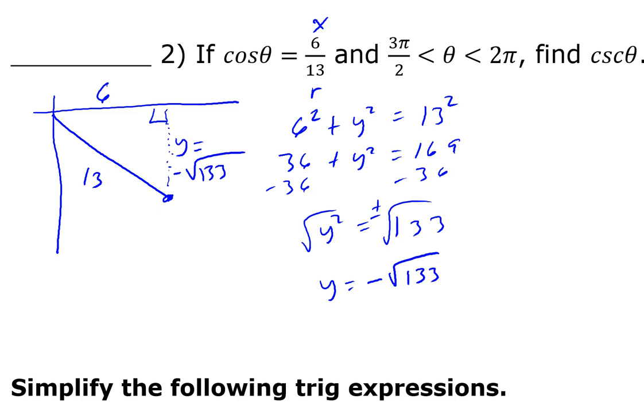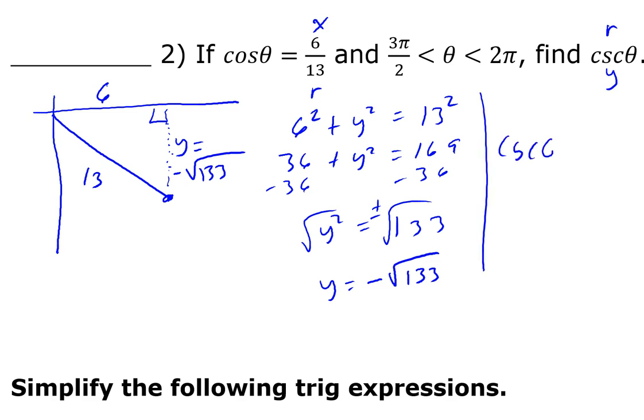So now I am in a position to talk about the cosecant. Cosecant is the reciprocal of the sine function. So since sine is y over r, cosecant should be r over y.